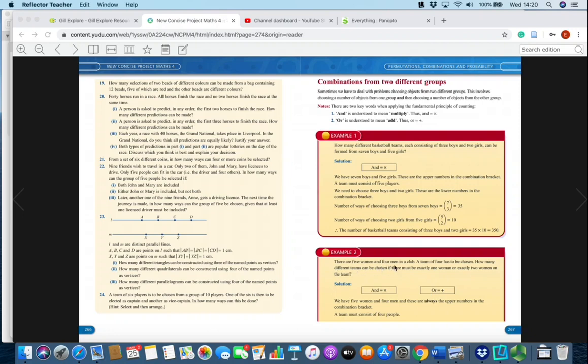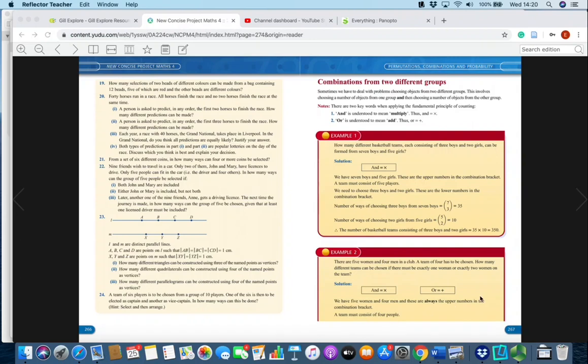There are 5 women and 4 men in a club. A team of 4 has to be chosen. How many different teams can be chosen if there must be exactly 1 or exactly 2 women on a team? Okay, we have 5 women and 4 men, that's what it told us in the club, and these are always the upper numbers in the combination.